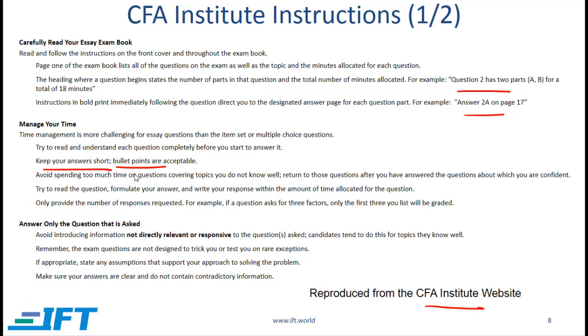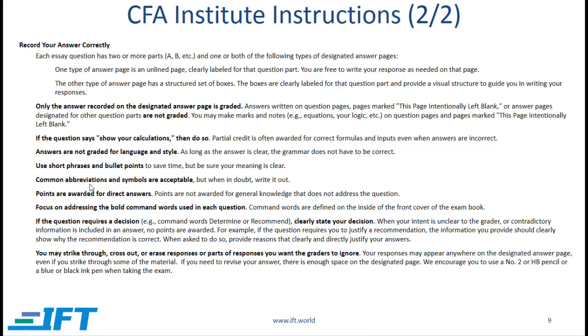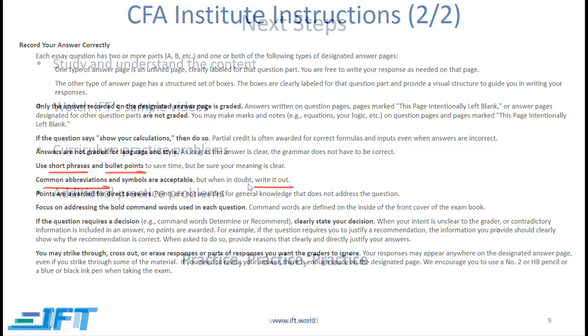But I think it's important that you read exactly what is being said. Notice that they say short phrases and bullet points are fine, and common abbreviations are fine. If you are not sure whether an abbreviation is commonly understood or not, then write it out. But a good guideline here is that if you've seen certain abbreviations in the CFA Institute curriculum or in their guideline answers, then that is good enough.